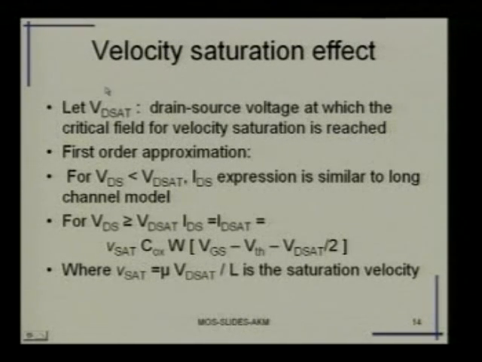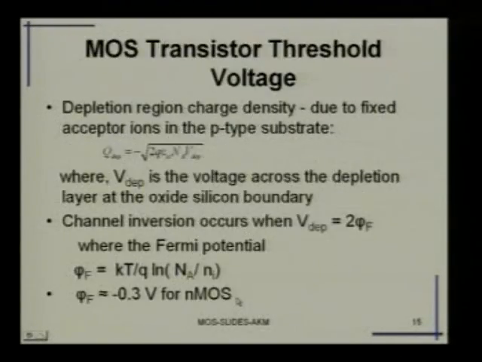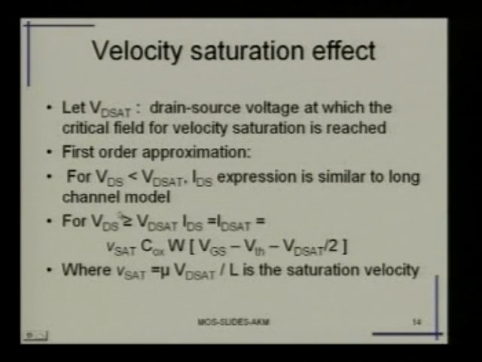So this is where VSAT, the saturation velocity, is reached, and the model of the equation will become somewhat like this. Let's go back to this equation. So you will be having this kind of equations now. The IDS, in the case of velocity saturation, will be somewhat like this.